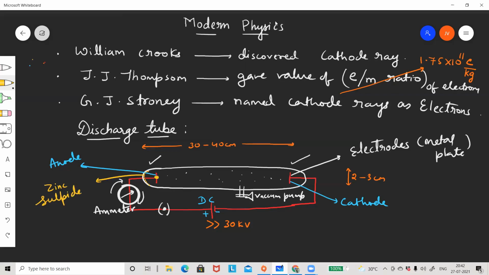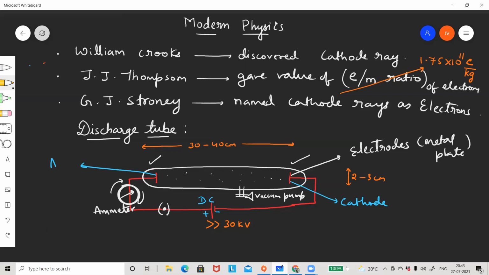Zinc sulfide is a fluorescent substance. So at the center of the anode plate they created a hole, and behind the anode electrode they coated a fluorescent material.